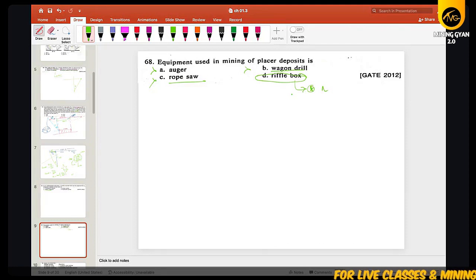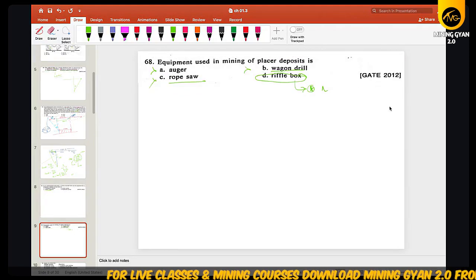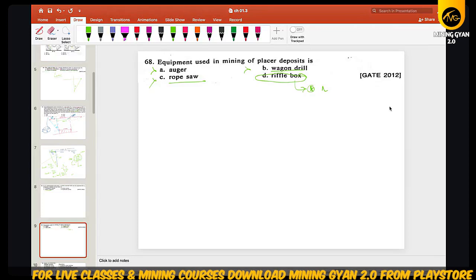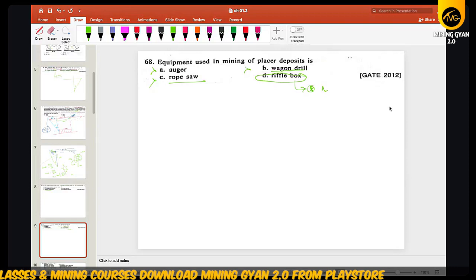These questions you should remember. GATE 2010, they have asked in 2012. So make a notebook or print out or take a photo, so that whenever you revise multiple times, if this type of question repeats, you can solve.